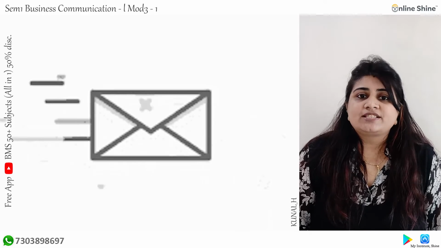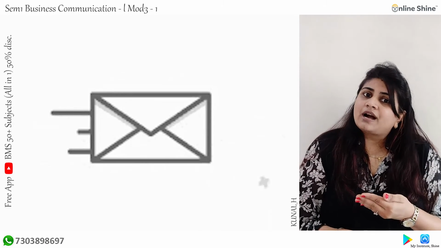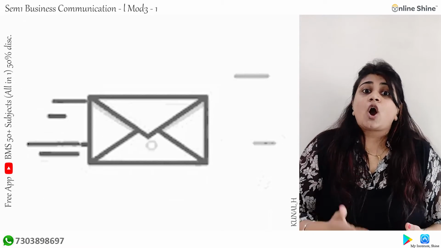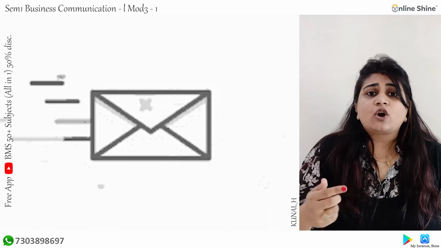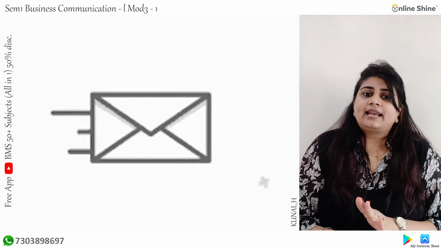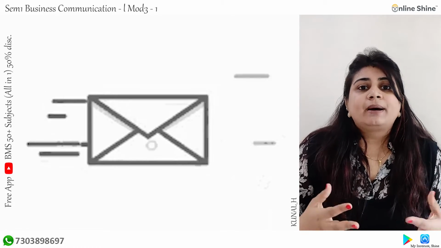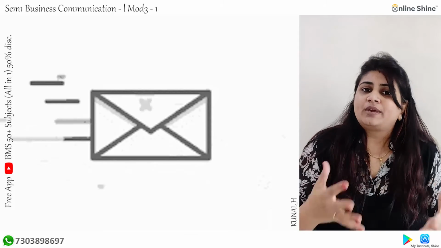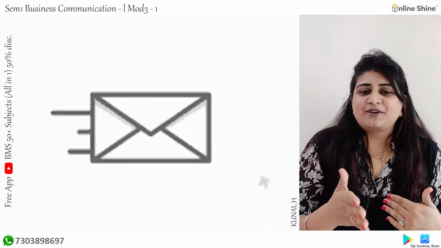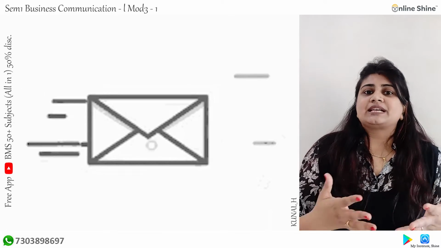Business organizations would keep one main paper, then keep a blue or black carbon copy, multiple copies depending on how many they wanted to make, and then send the letters in that format to multiple people. But now we are fortunate enough to have the technology, so we use the CC in emails. So when we understand the principles of effective email writing, we will also discuss what is CC.